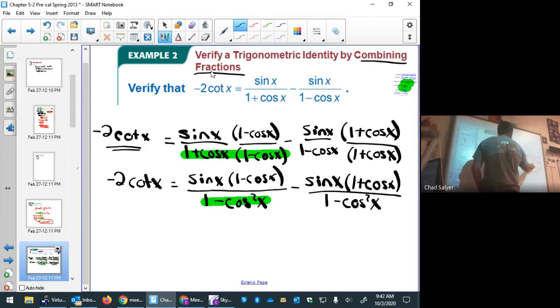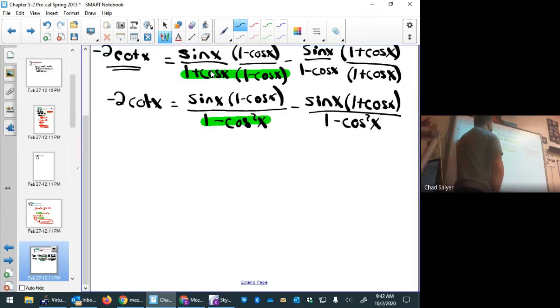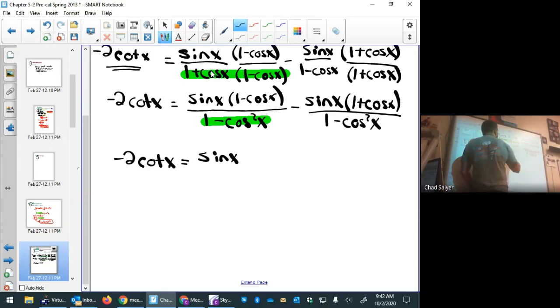And once again, difference of squares creates 1 minus cosine squared x. So we have a common denominator. -2 cotangent x equals sine x. And I'm going to hold off on distributing that for just a second.